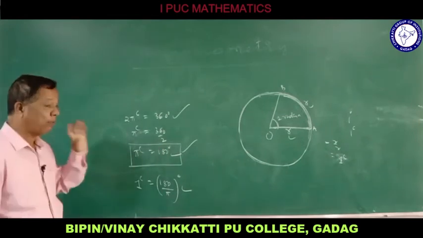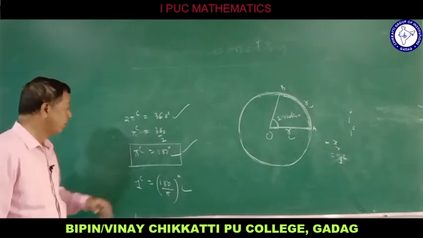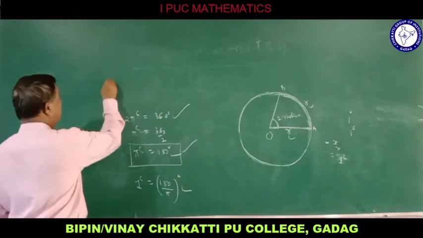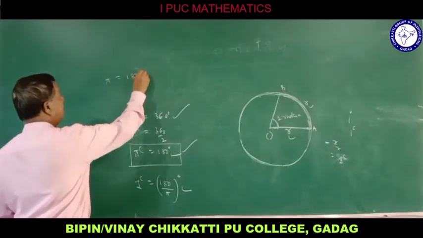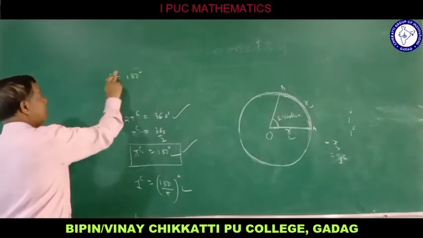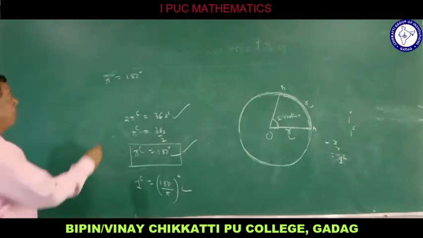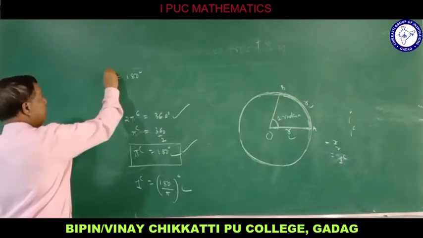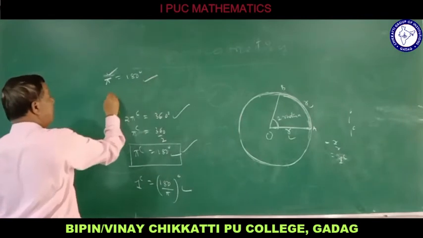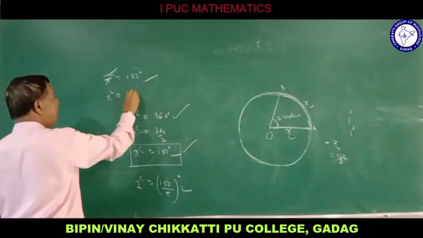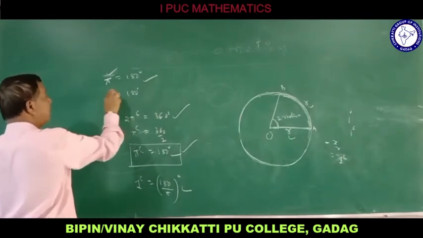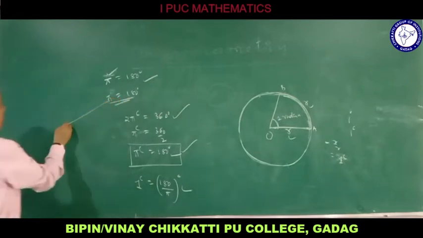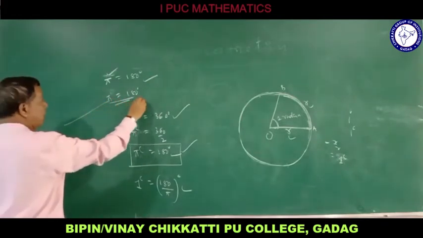But when you talk about the angle, it should be 180 degree. Don't get confused. Sometimes we do not write the superscript c. It is understood if I write only pi. You have to read it as the Greek letter pi radians equal to 180 degree, and you need not write the c. It may be written, may not be written, but when you are talking about angles, pi is 180 degree.